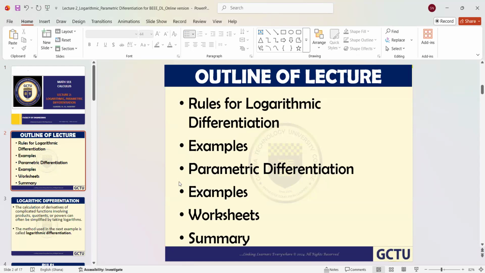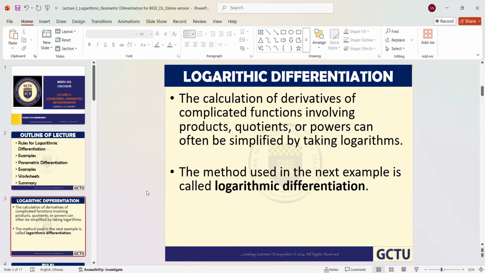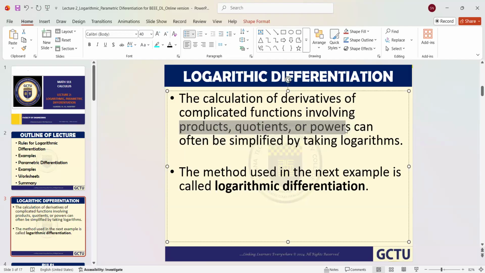Here we're saying that if you are evaluating derivatives of functions that are complicated and involve products, quotients, and powers, the best way is to take log.